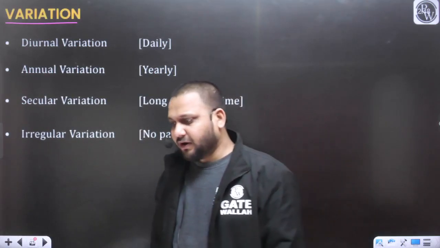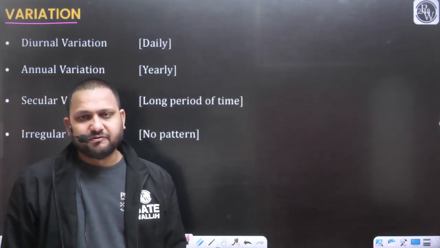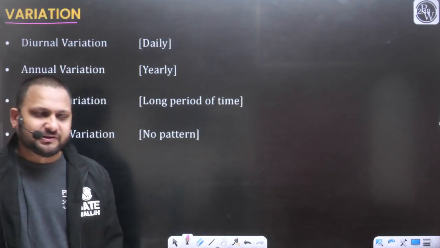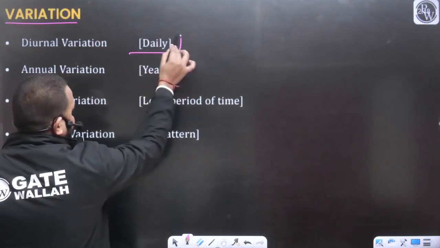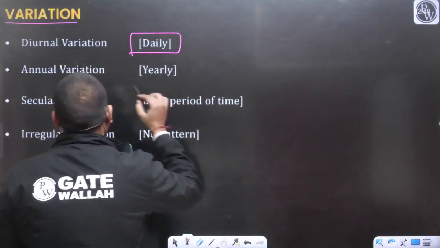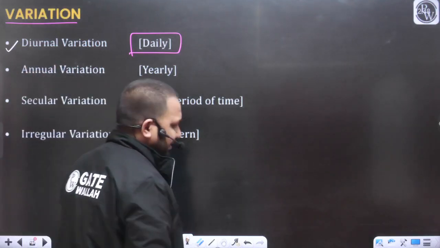So what are the different types of variation in the declination? Some variation you will see on a daily basis. That type of variation we call diurnal variation.